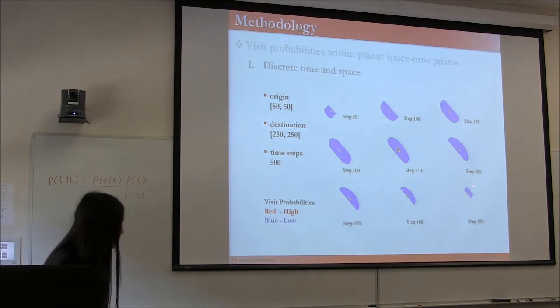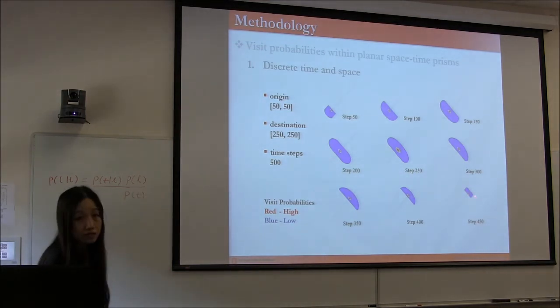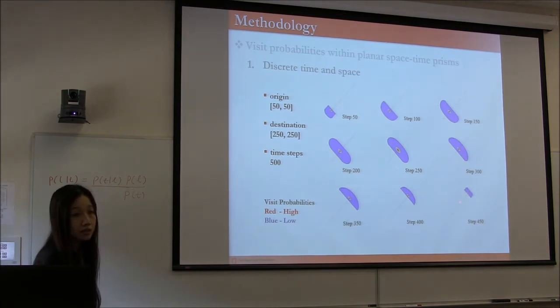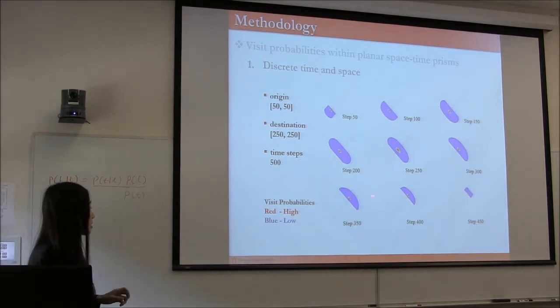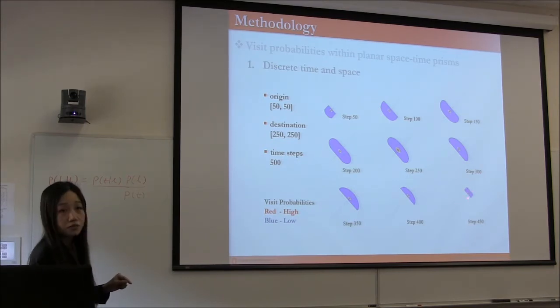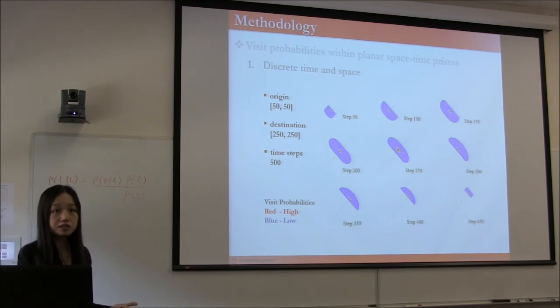Also notice that some of the accessible locations towards the end, theoretically, are not included. The reason is that we use discrete space and time, and sometimes if we have to omit some of the locations at the beginning, it may result in those inaccessible locations towards the end.